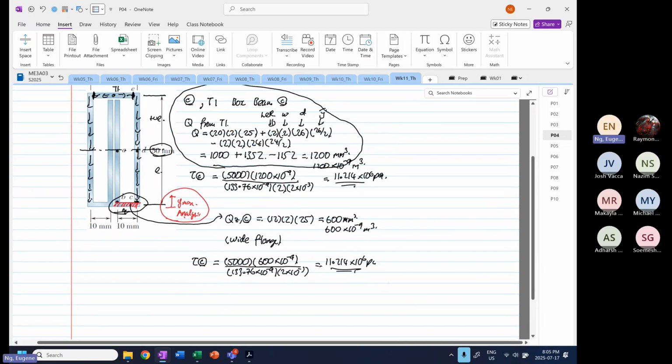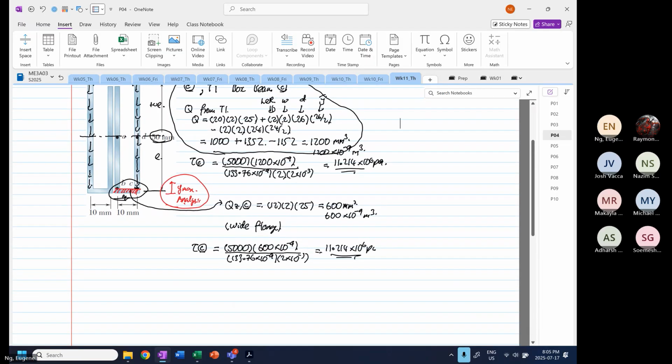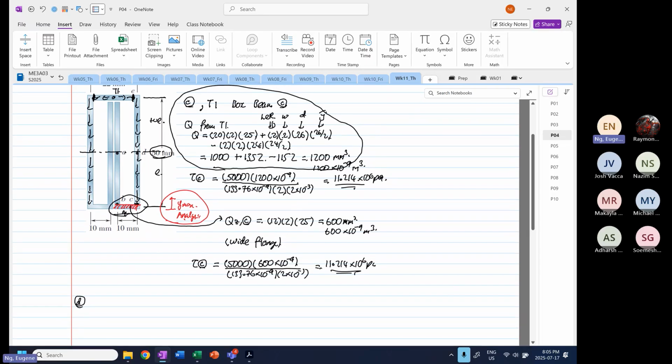Okay, so looking at point D, looking at the direction of the shear flow, we know that it's going to be from terminal 1, and it's going to be box beam. And we know we're going to use it as 2Q, right?